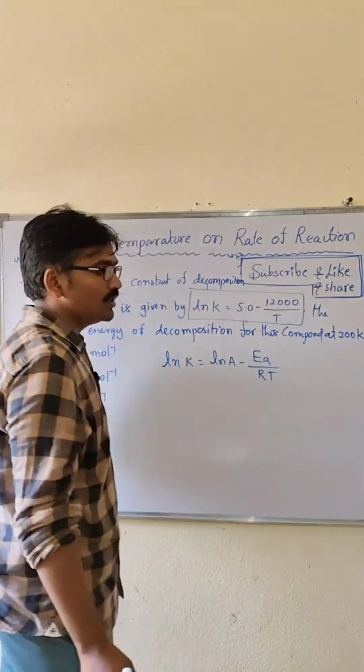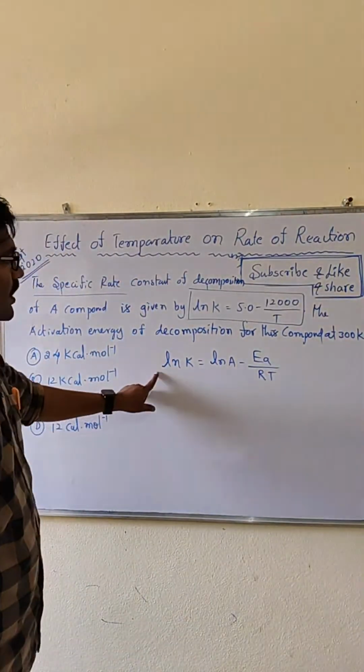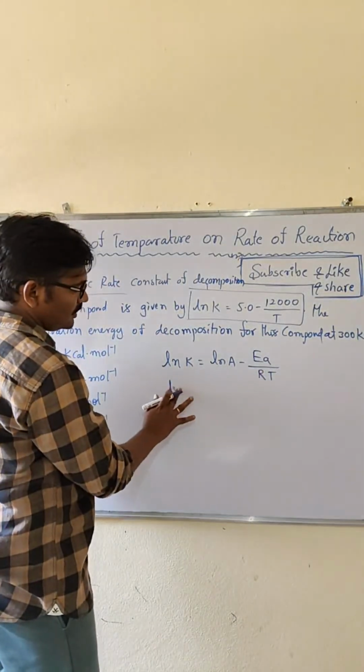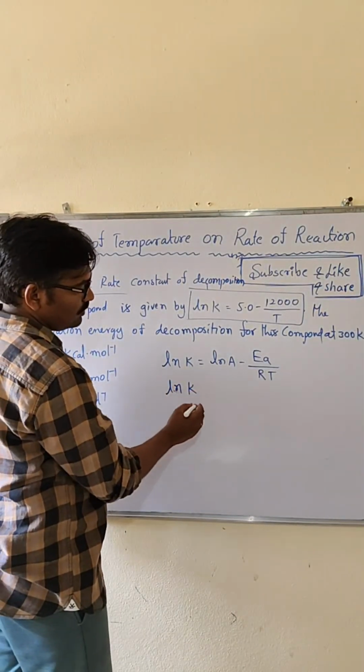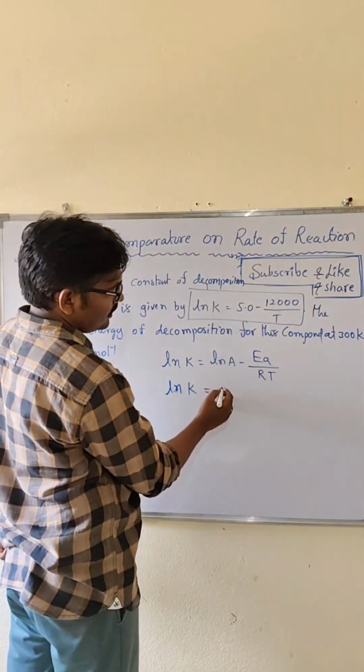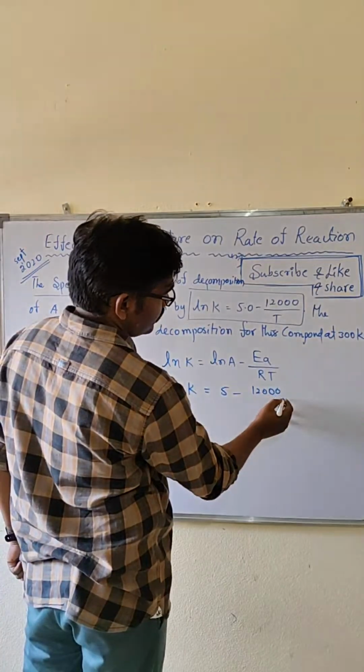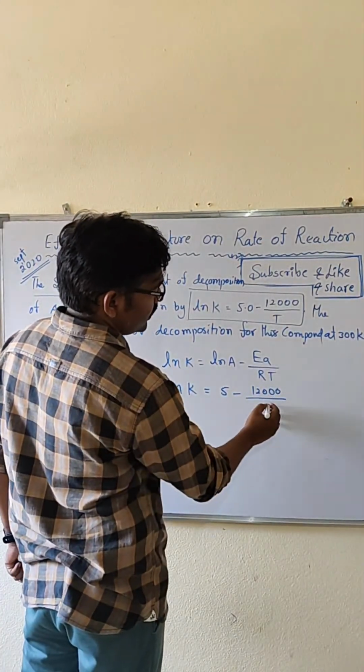This is the formula we got, right? The same type of formula is there here also. Ln k as usual will be there, and in the place of ln A, 5 is there, minus 12,000 divided by T.